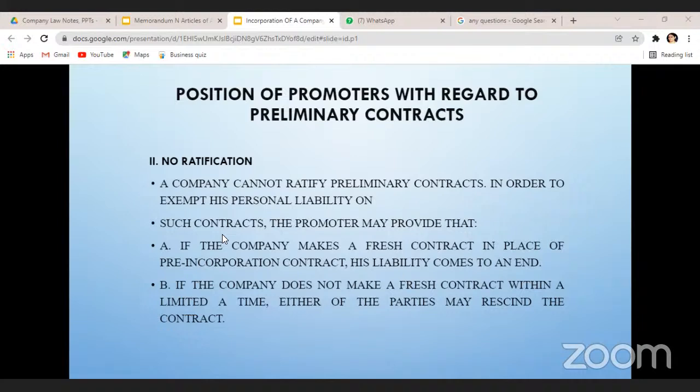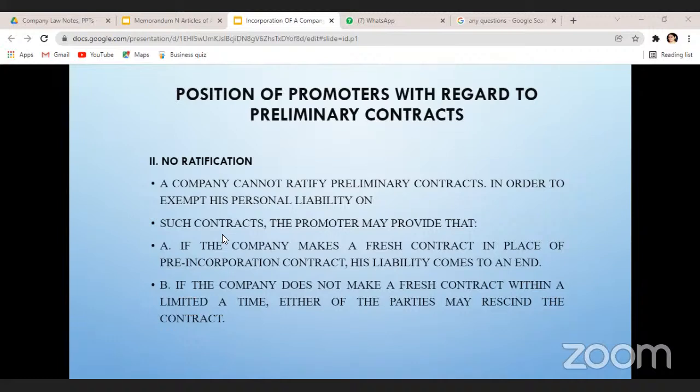A company cannot ratify preliminary contracts in order to exempt his personal liability on such contracts. The firm may provide that: first, the company makes a fresh contract in place of the pre-incorporation contract and his liability comes to an end.